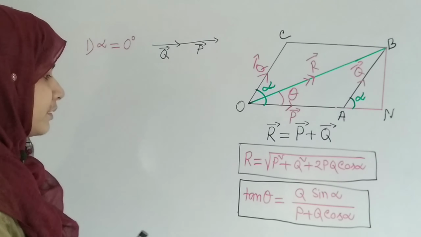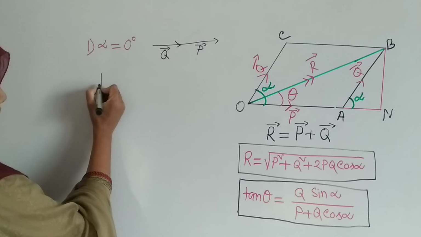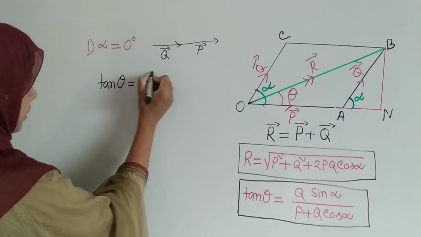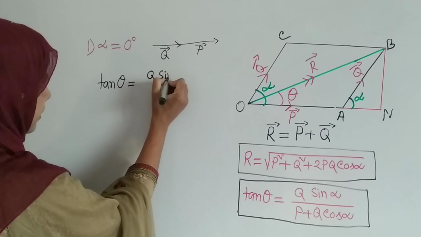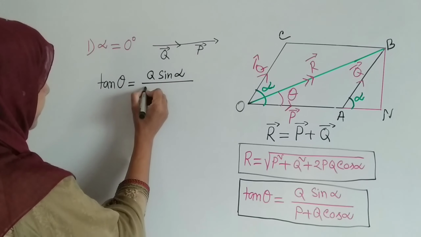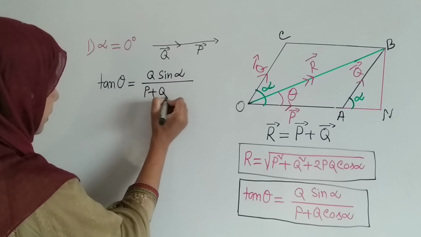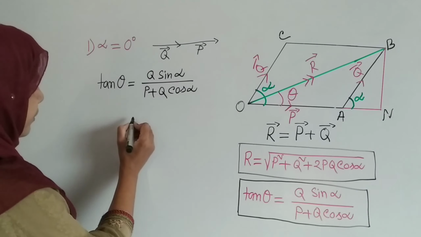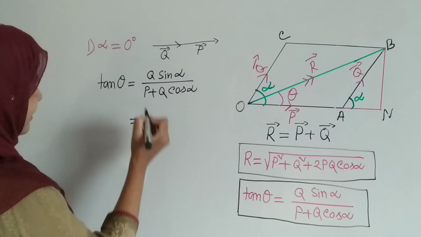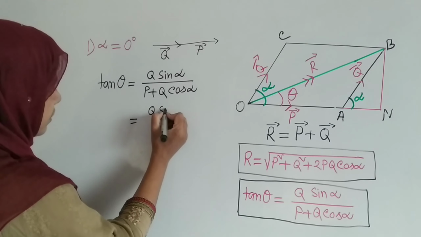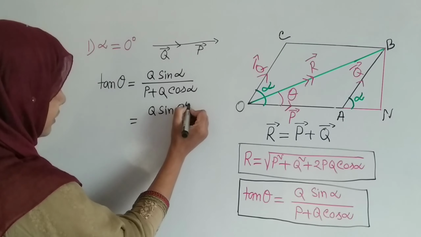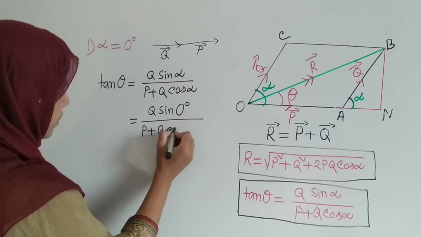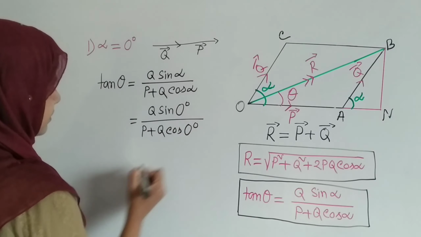Now the direction, that means tan theta equals to Q sin alpha by P plus Q cos alpha. Now I am going to put the value of alpha as 0: Q sin 0 degree divided by P plus Q cos 0 degree.